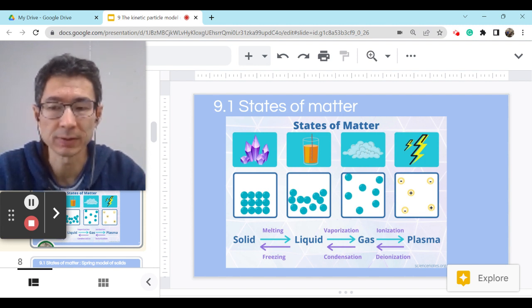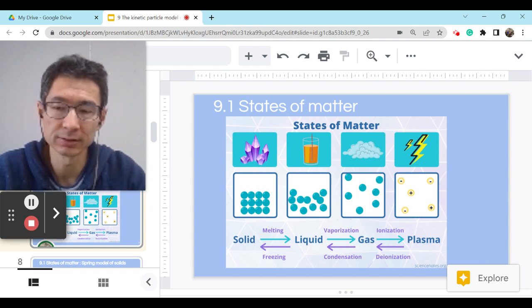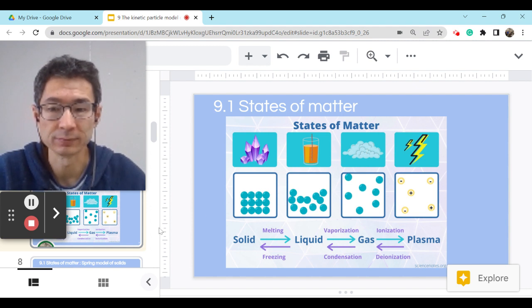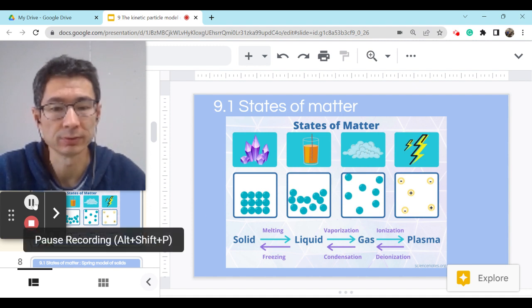In general, we see three states of matter, so we're going to talk about only solids, liquids, and gas.